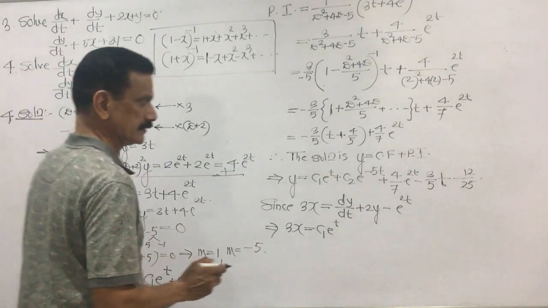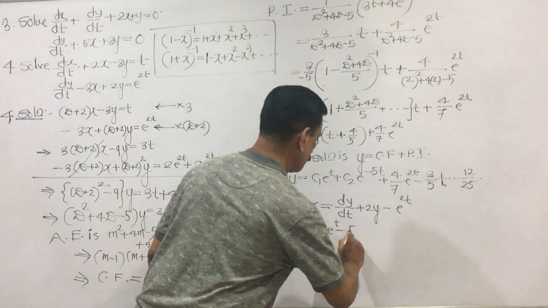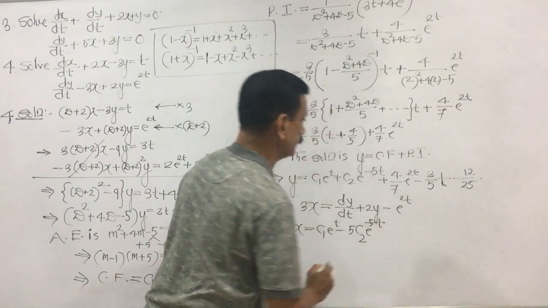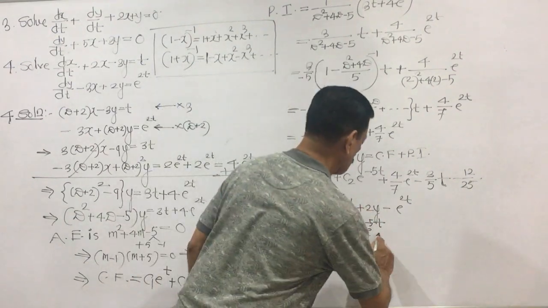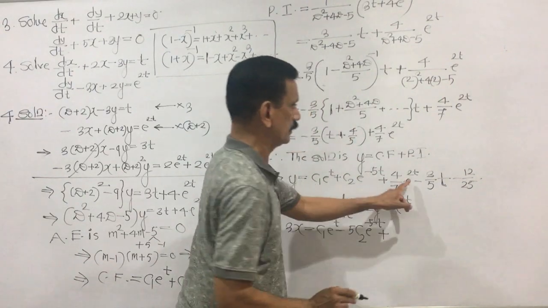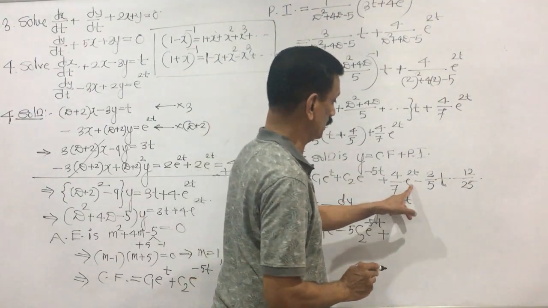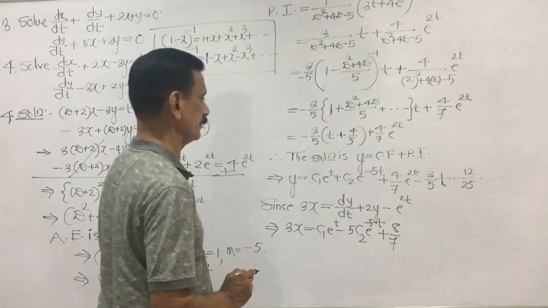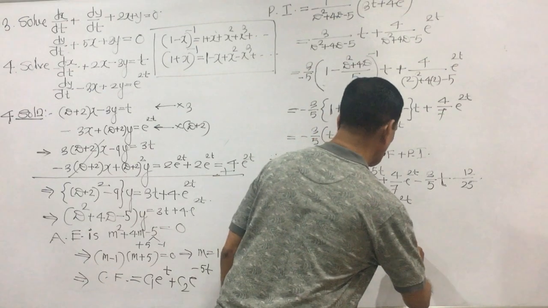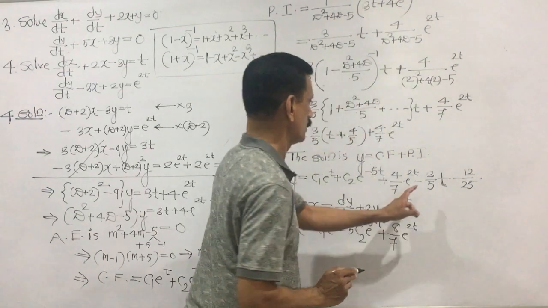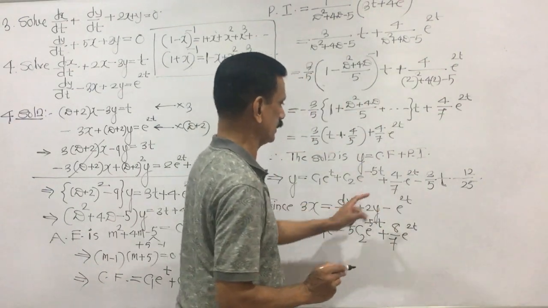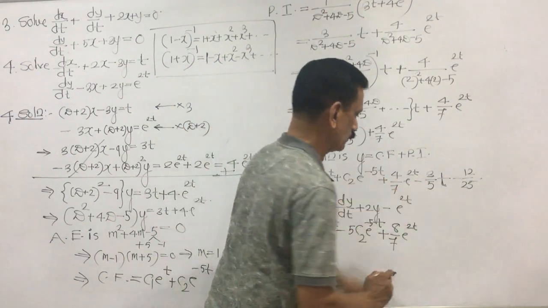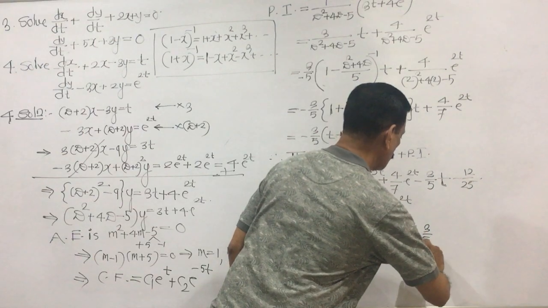So I write that as it is, minus 5 c2 e raised to minus 5t, plus the derivative of e raised to 2t, which is 2 into e raised to 2t, so it is 8 by 7 e raised to 2t, minus, look here, I have differentiated this: 2 4s are 8, and the derivative of t is 1, so it is minus 3 by 5.